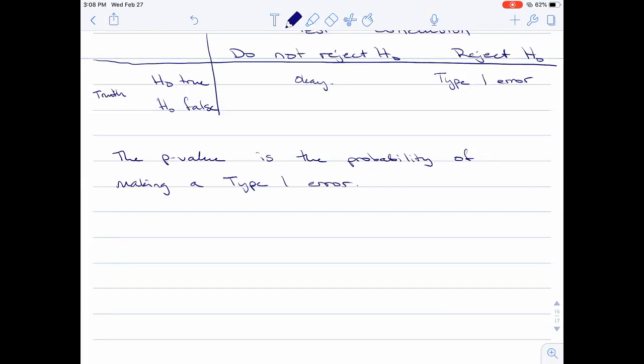Moving on, if H0 is false, meaning you should have rejected it, but you decide not to, we call that a type 2 error. So this is a type 2 error.